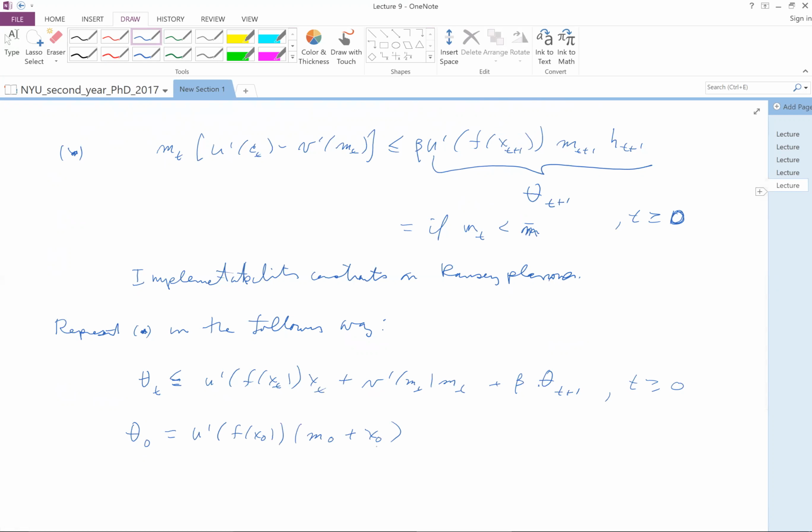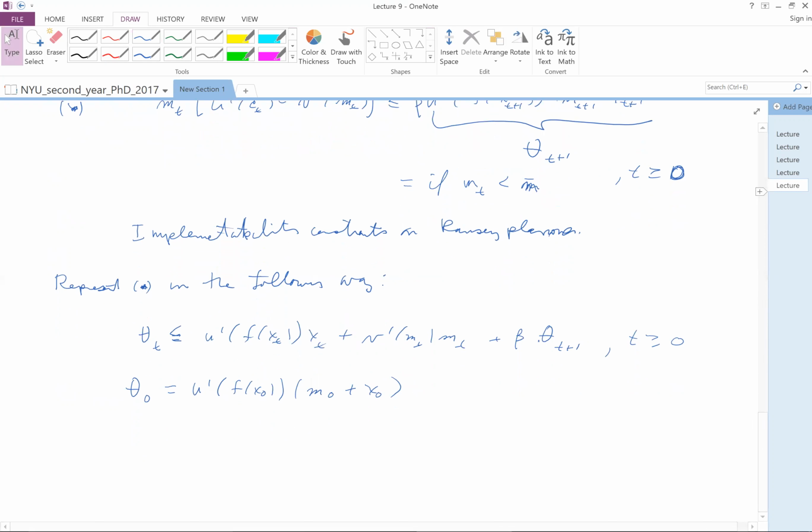And in addition, I'm going to have an implementability constraint that we saw earlier.